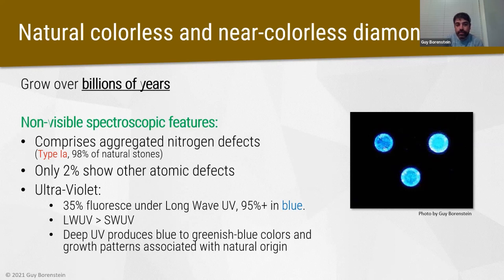Because these type 1A stones have a tendency to glow, 35%, a third of them, glow in blue color under long wave UV. And if we see them also glowing under short wave UV, always the long wave will be stronger than the short wave.